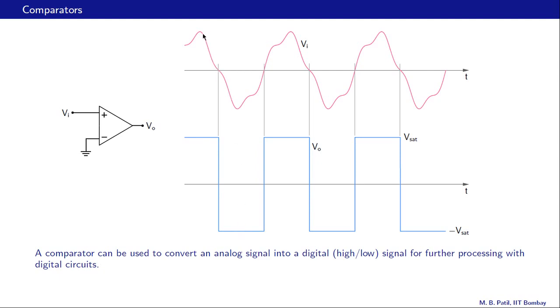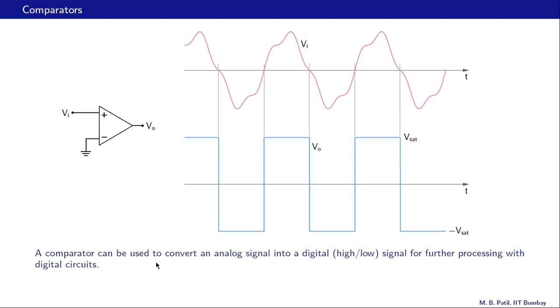So in this region VO is high, in this region VO is low, and so on. And these levels actually need not be plus Vsat and minus Vsat. There are comparators which can give levels of 0 and some positive voltage. But that is not important for our discussion.